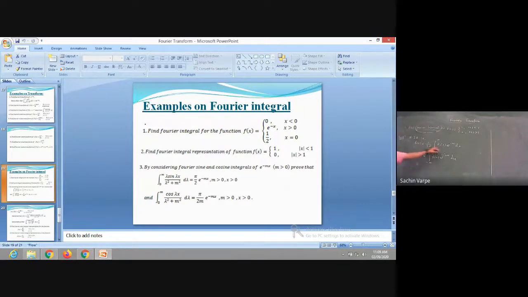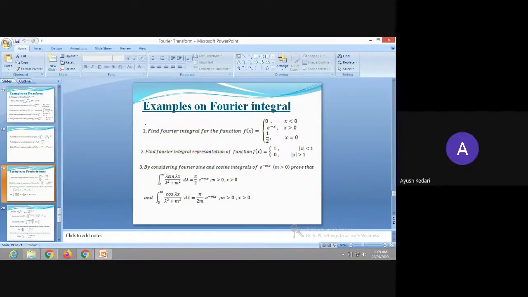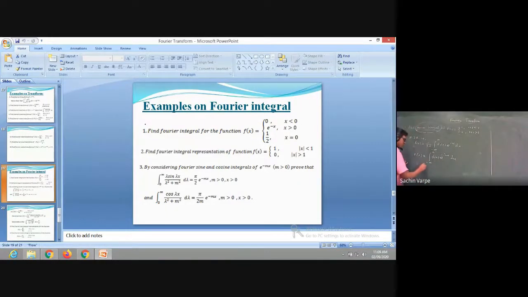Is it the correct formula? Substitute x instead of u. Okay, so in terms of x: minus infinity to infinity, f(x) e to the power minus i lambda x dx.